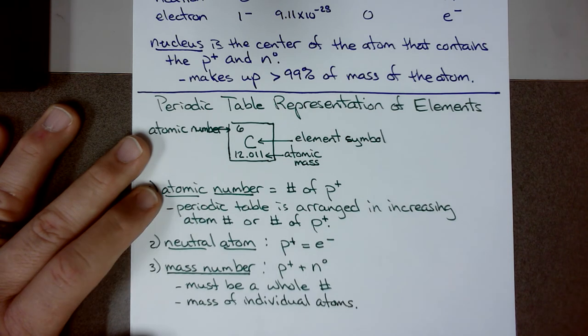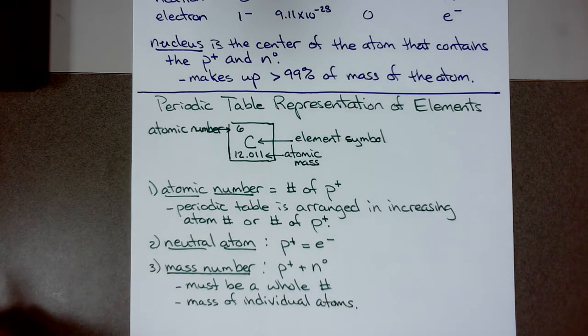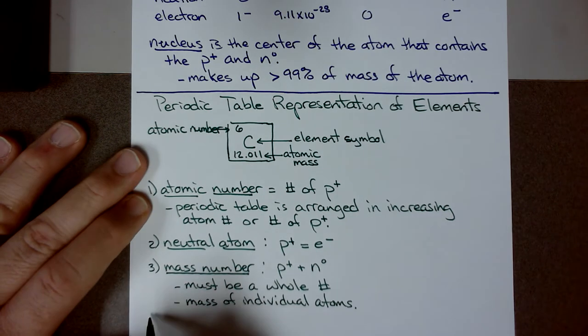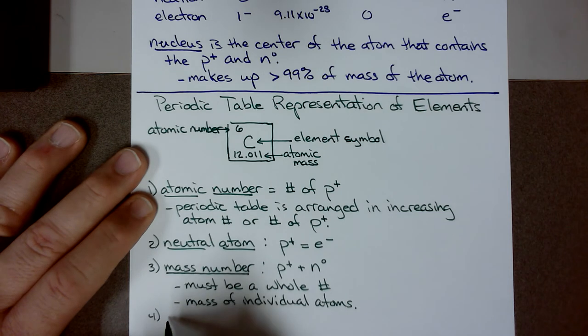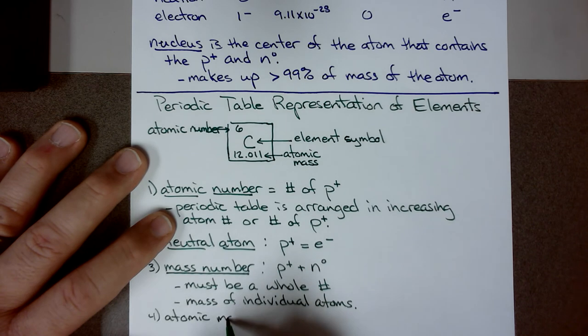Okay? And the last one we want to talk about on the representation of the periodic table is the atomic mass. So again, we have atomic mass. And it's different than mass number.